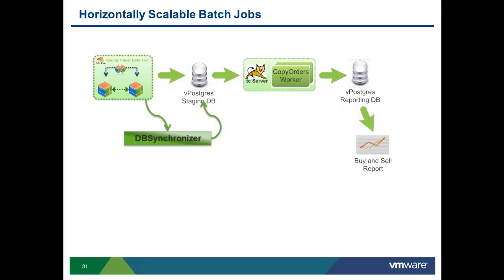Then one or more worker processes associated with the Spring Batch copy orders job will then copy the order data to the vPostgres reporting database, where it is retrieved by the reporting UI for further analytics. The order data is partitioned among the worker processes to enable scaling of the job across the TC server clusters.